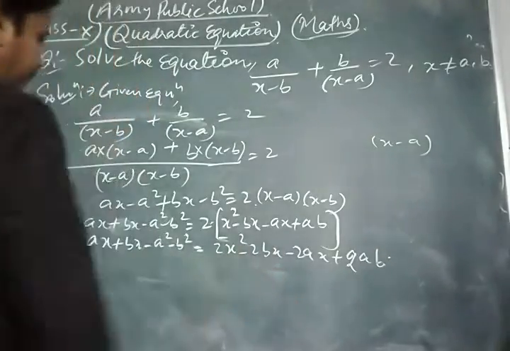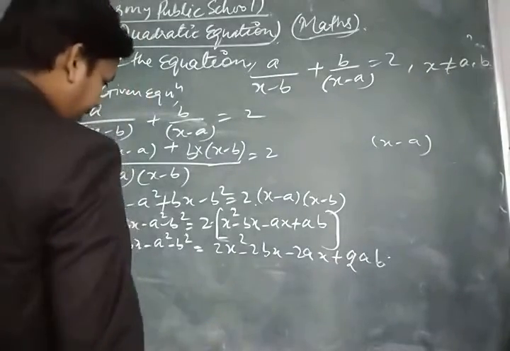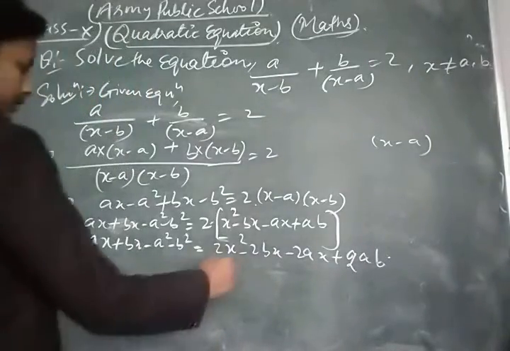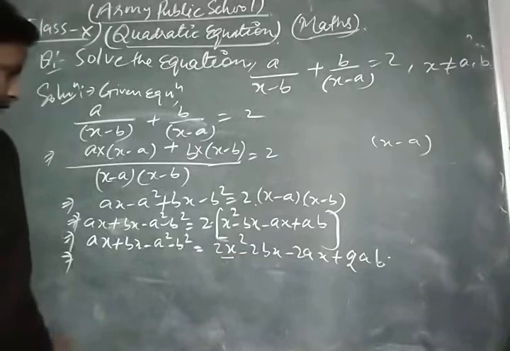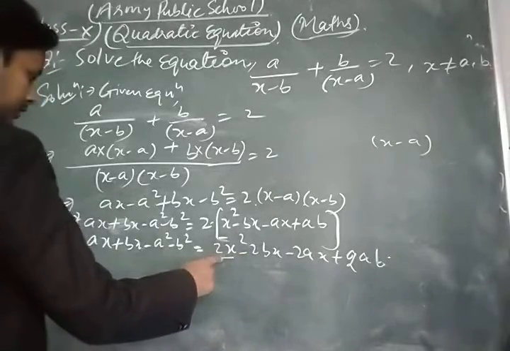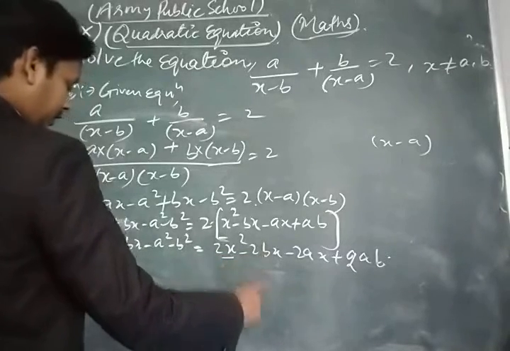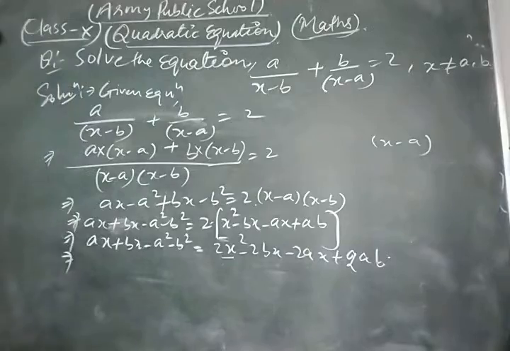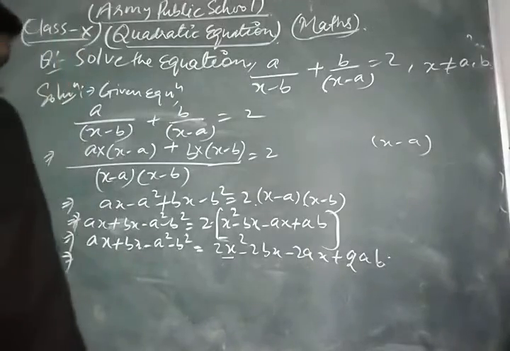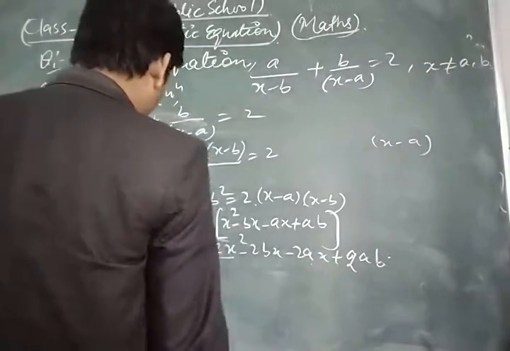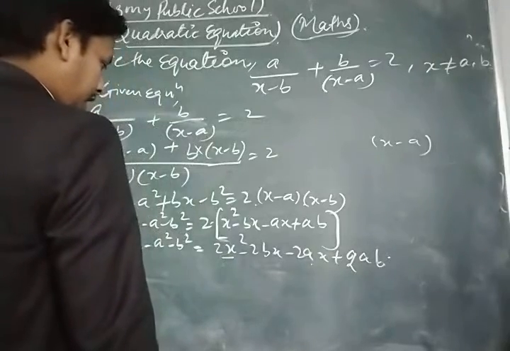After separating the variables, we get 2x square as it is, and this is 2bx, and bx is already here, and here 2ax.